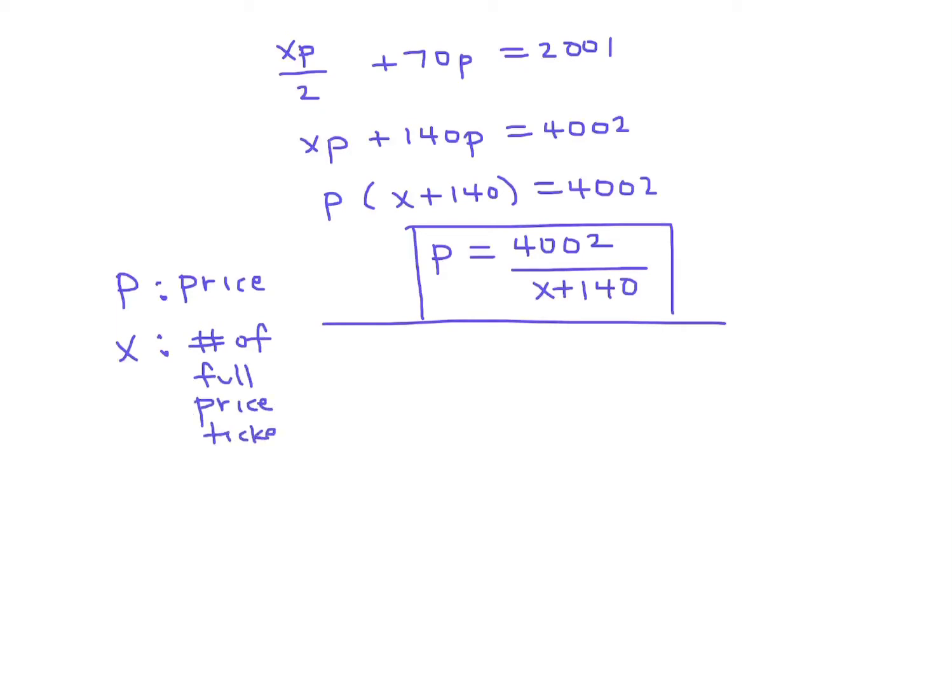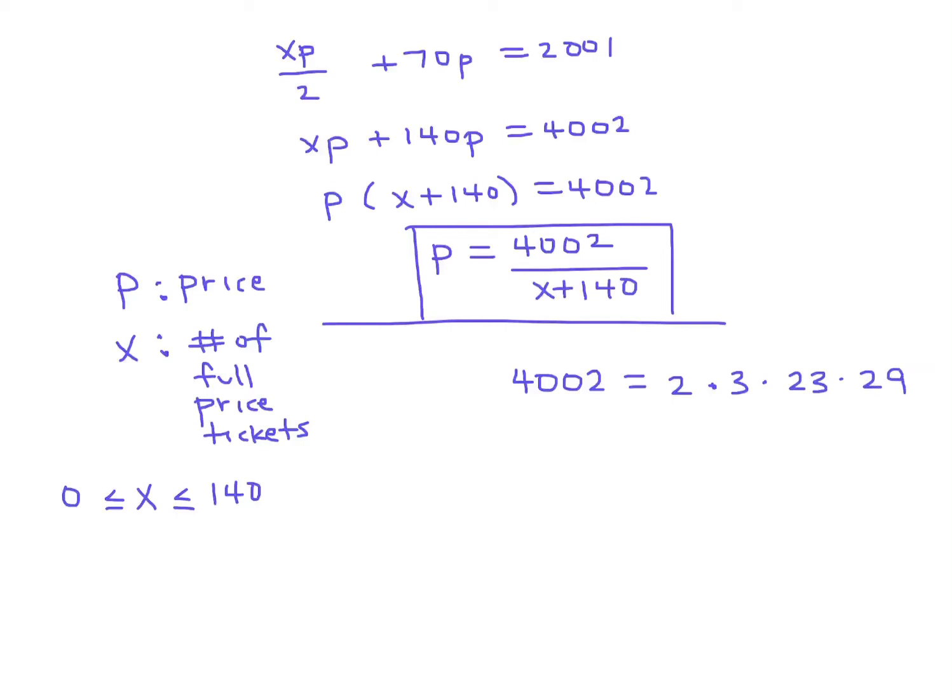So since X and P are integers, we have to fiddle around with this and figure out what we can get. And we have ranges, right? We know that X is between 0 and 140 inclusive. So when you do this fiddling around, and if you want to factor out the 4002, if you feel that helps you, you can. 2 times 3 times 23 times 29.